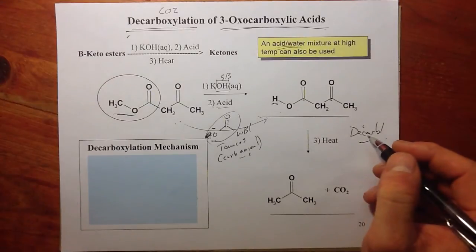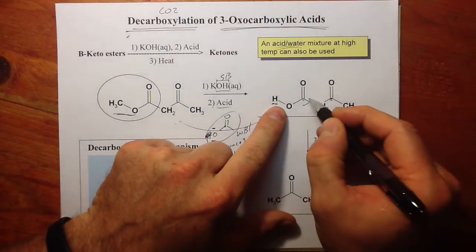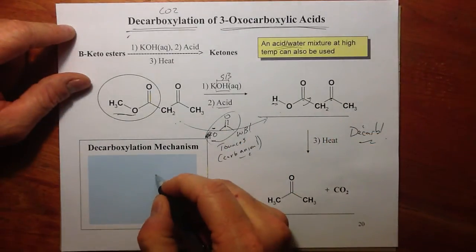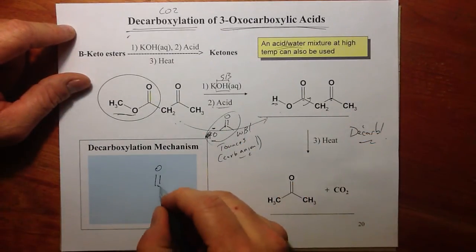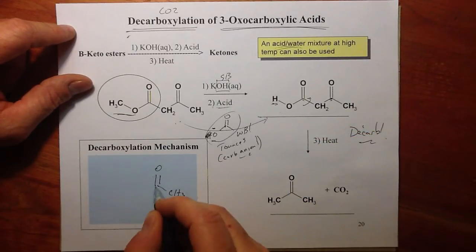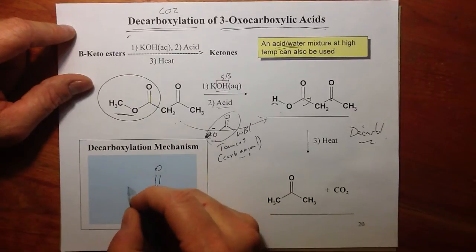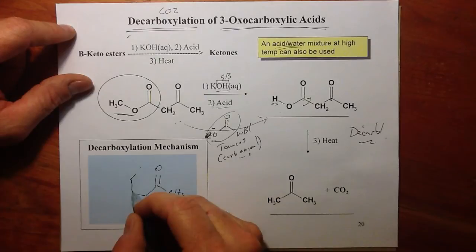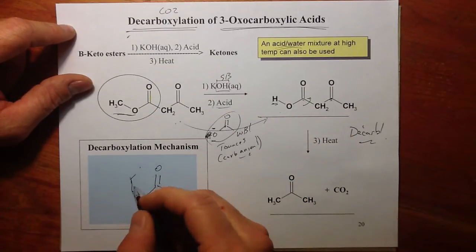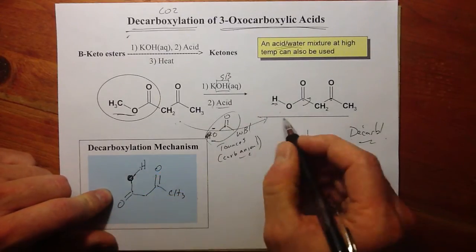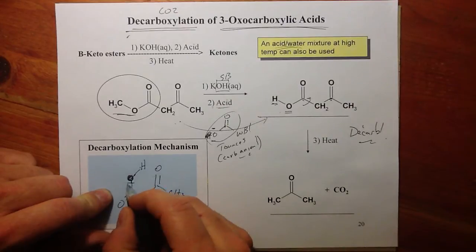We have to have a little bit of heat, but if we rotate this OH around so that it's sitting next to this carbonyl, I'm going to redraw our 3-oxo-carboxylic acid. So our carbon here, I'm going to have this oxygen sitting here.